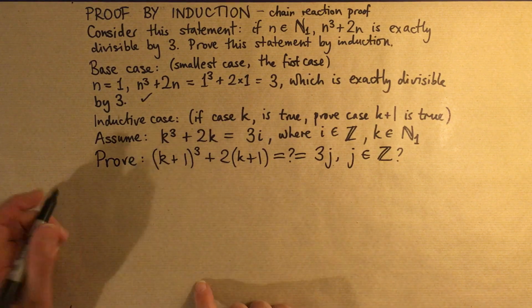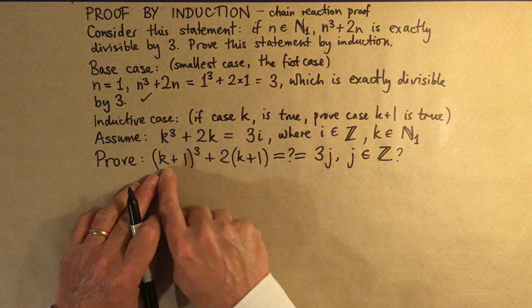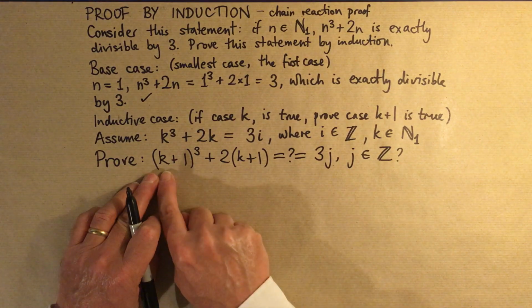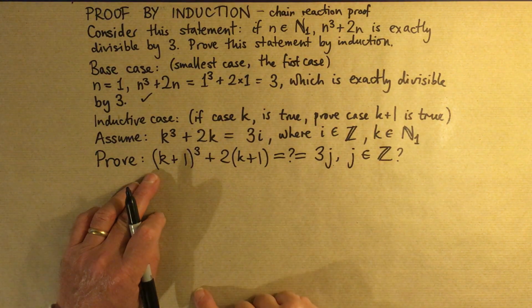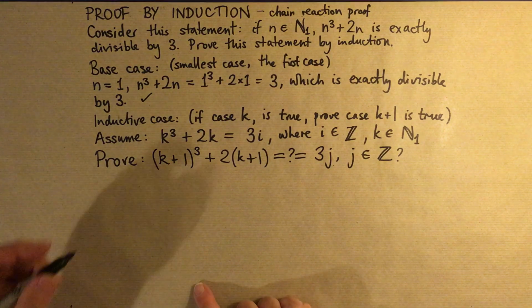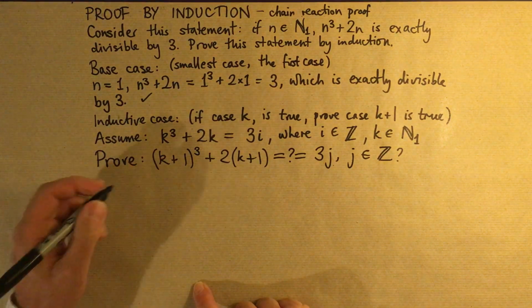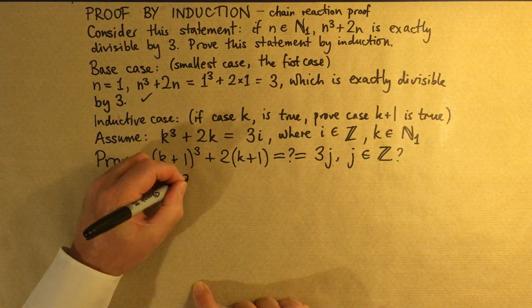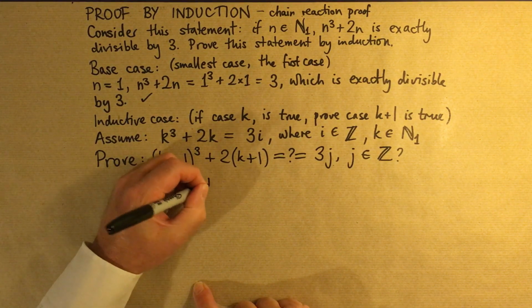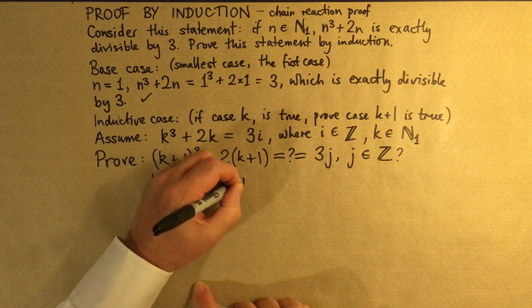Basically, our goal is to rearrange this formula so that it's 3 times something, and that something is definitely a whole number. So let's see what we can do with it. First of all, let's expand out this bracket, and we get k cubed plus 3k squared plus 3k plus 1.